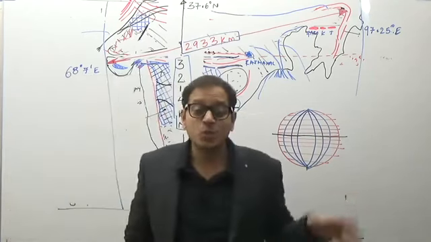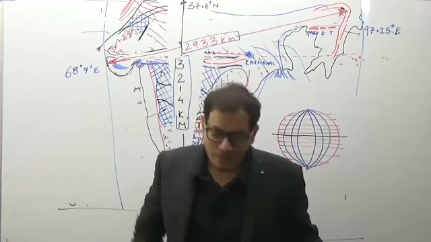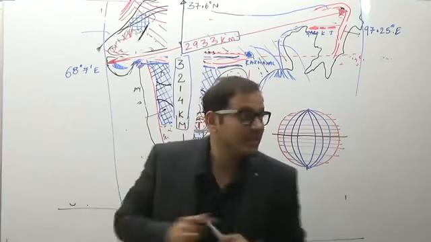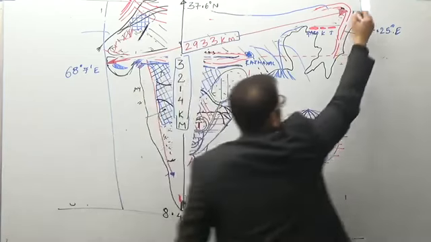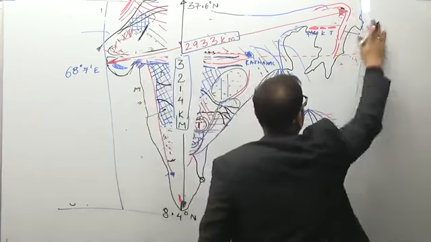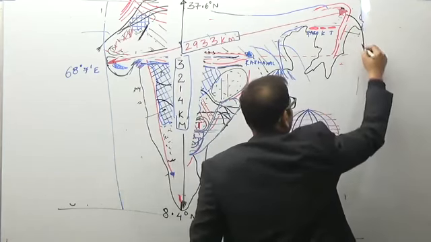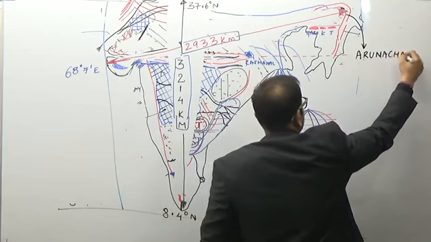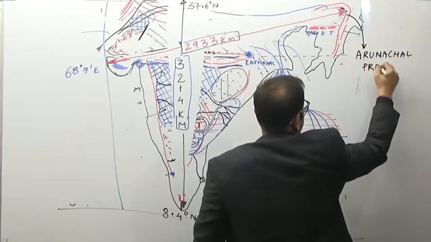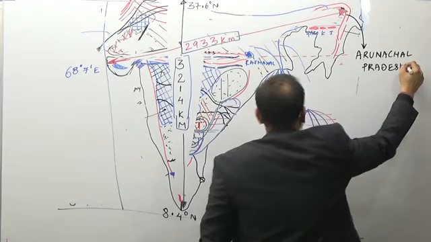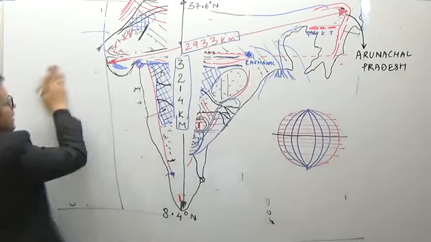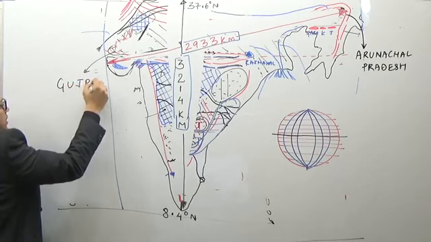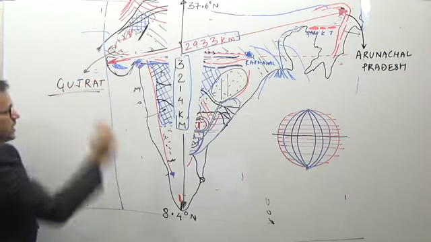Where is this east-west extent maximum? The maximum east-west extent lies between the state of Arunachal Pradesh in the east and the state of Gujarat in the Gulf of Kutch region in the west.